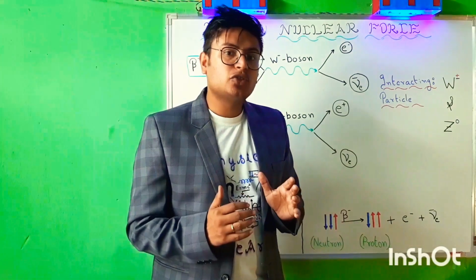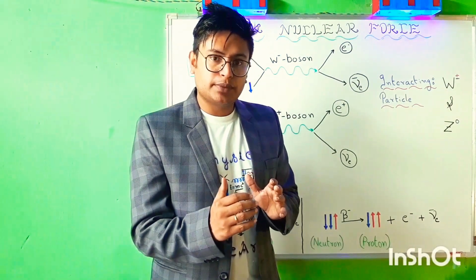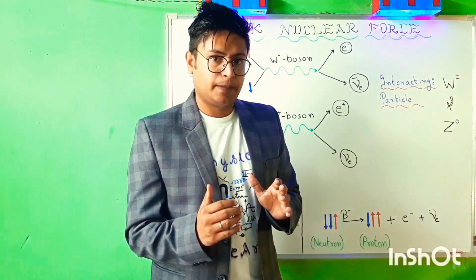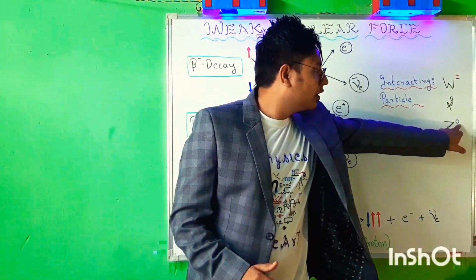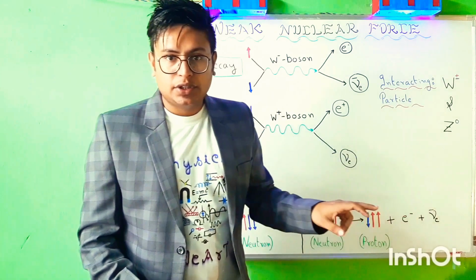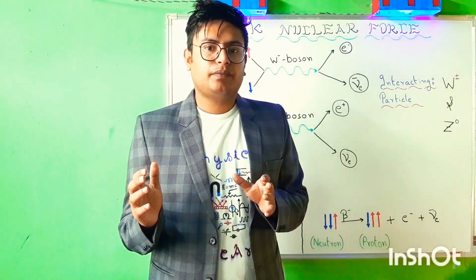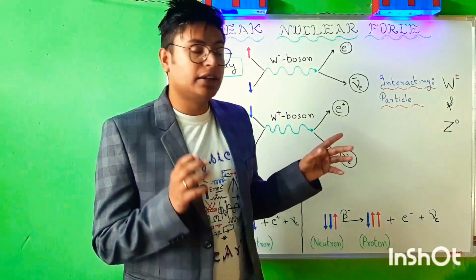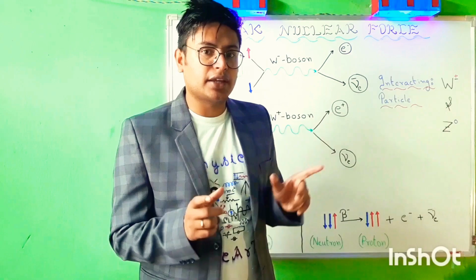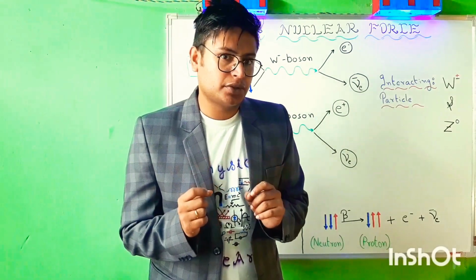It depends whether it is going to be a W plus boson or W minus boson. Whereas in the case of Z, I have written out here 0. That means it is a zero charge boson. The charge is 0. So this is the interacting particle in the case of weak interaction, that is going to mediate the interaction between two objects.